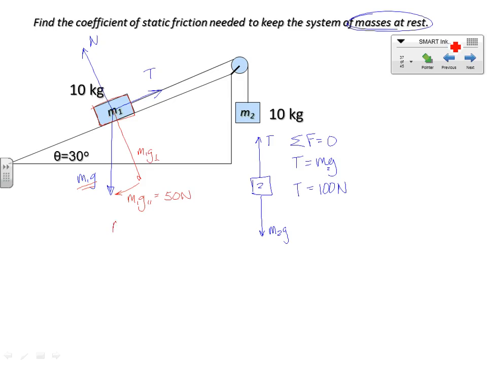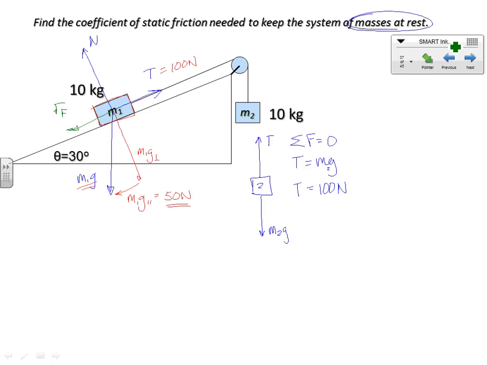All right? Well, maybe I'll help you. M1g sine theta is 100 times the sine of 30, which is a half. Yeah, that's 50 newtons. So we have 100 newtons here. We have 50 newtons pulling down the hill. That means there must be another frictional force pulling down the hill of 50 newtons.